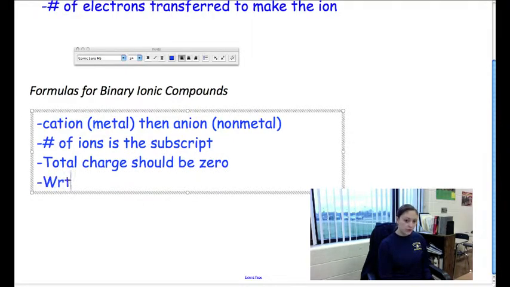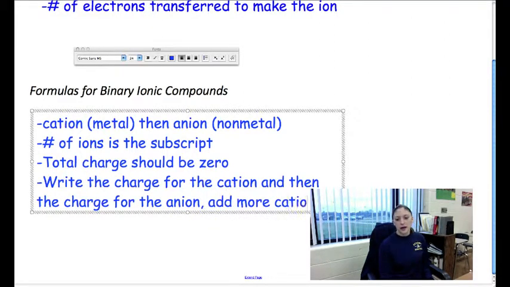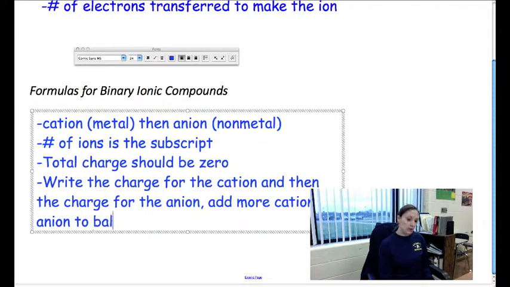You always write the charge for the cation and then the charge for the anion, and you add more cation or anion to balance the charges. And when you actually write the formula when you're done, you do not put the charges in. It's kind of like when you're learning it right away, the first step you do is write the charges in, but once you learn what you're doing, you don't have to do that anymore.